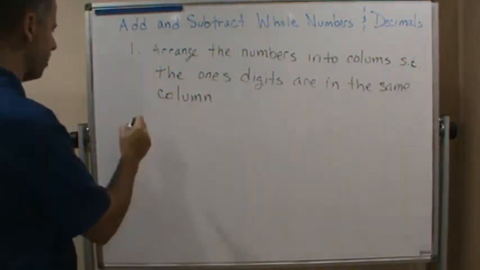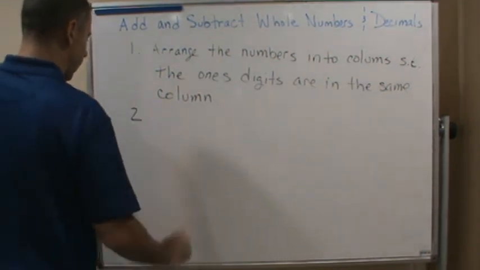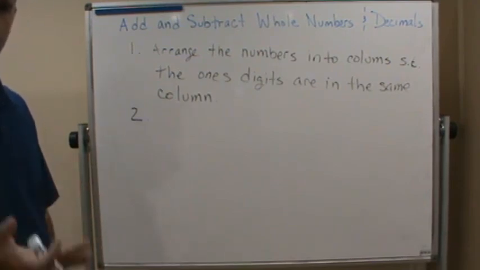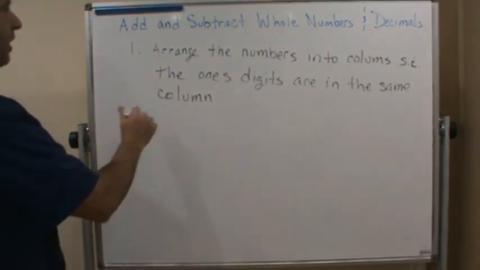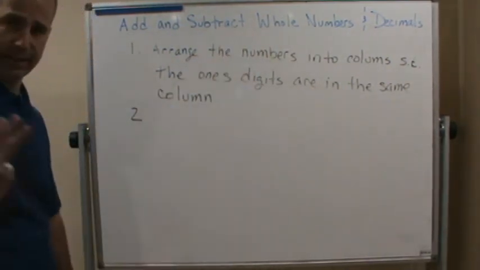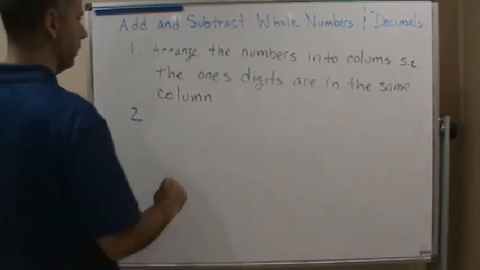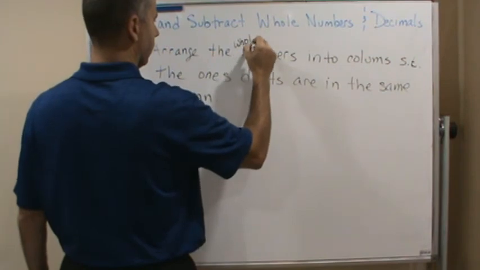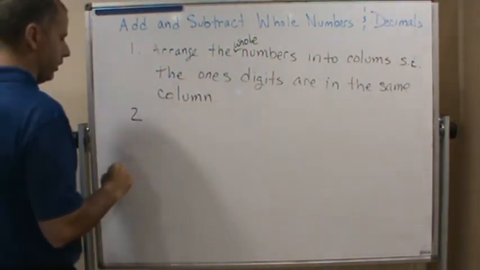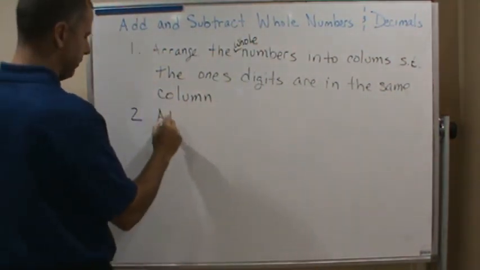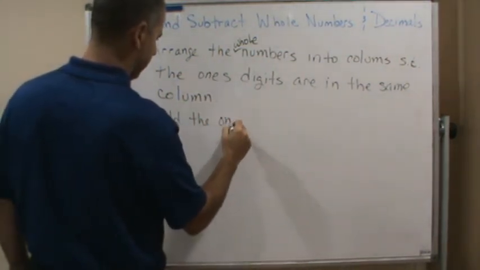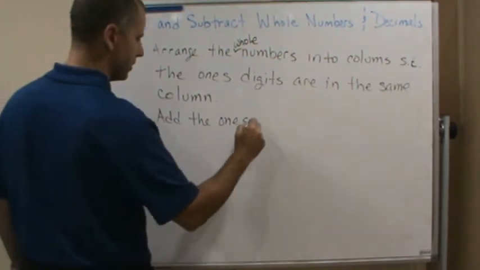Then two, we're going to add down the columns starting with the ones column. Now, this is dealing with whole numbers. We're not dealing with decimals yet.